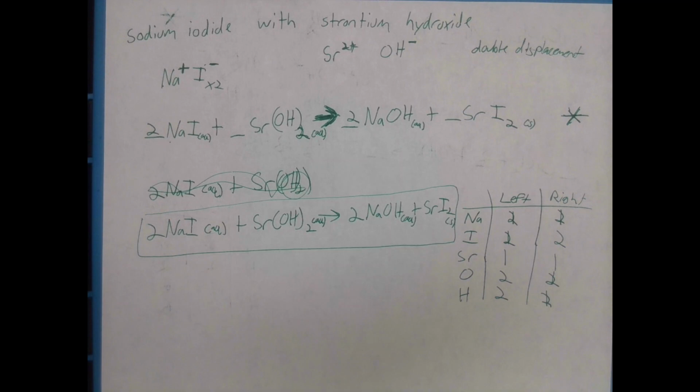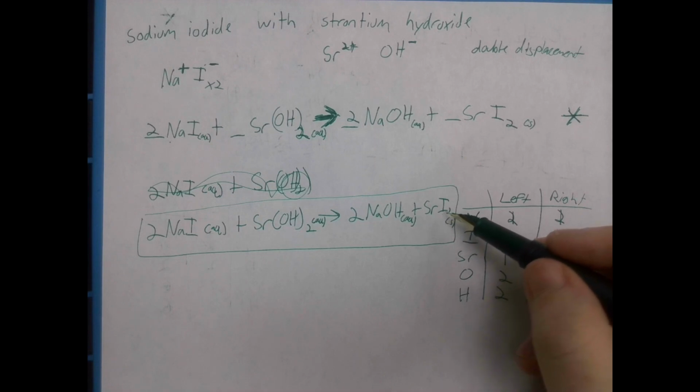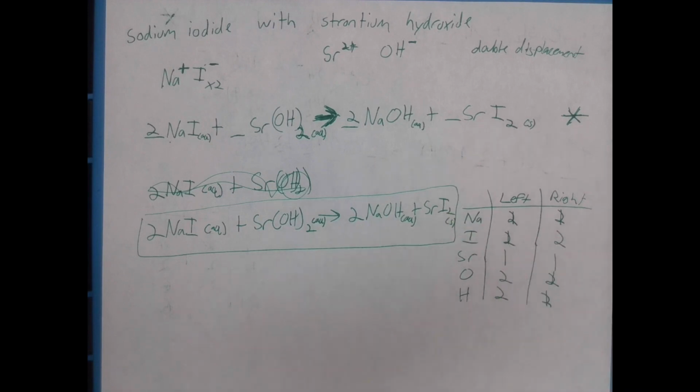But what can we use this for? How much sodium iodide is needed to react with strontium hydroxide? Let's say I wanted 5 grams of strontium iodide. How would you make 5 grams of this?